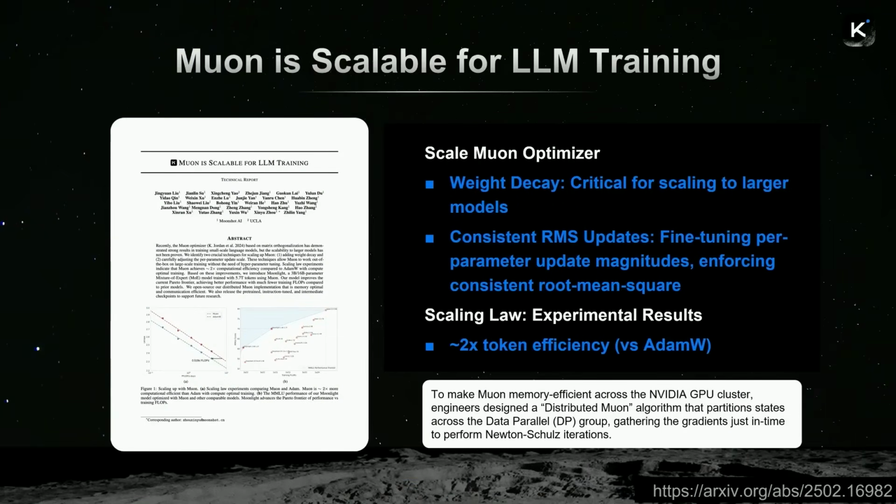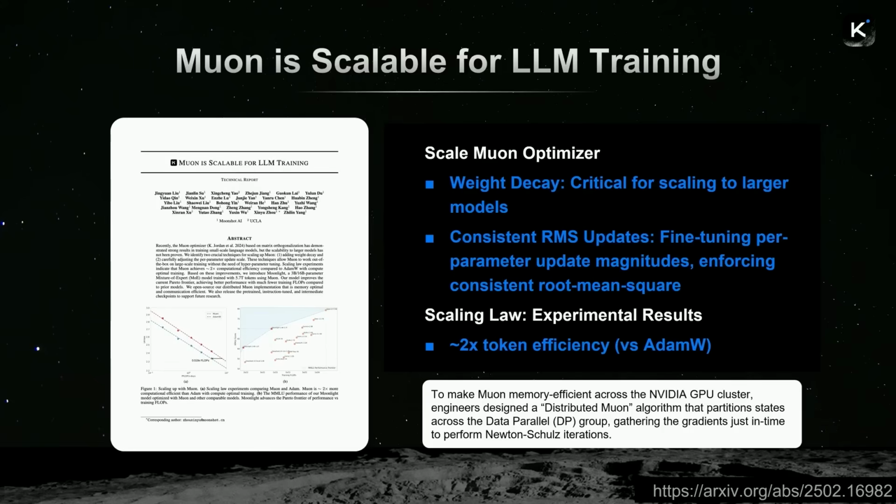And these are 2 key techniques that we employ to make it effective for large-scale training. One of them is weight decay. It is critical for scaling to larger models. The second is that we want to ensure a consistent RMS update compared to Adam. So we have an adjustable coefficient that is applied to each update, so that the resulting RMS is comparable to Adam.